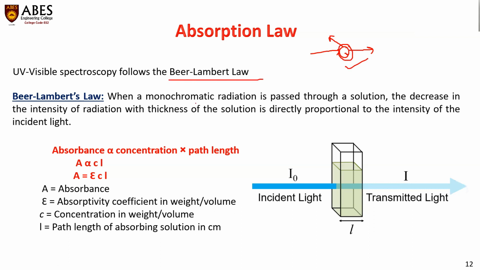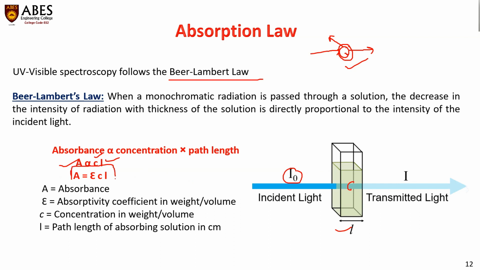According to this law, when a monochromatic radiation is passed through a sample, the decrease in the intensity of radiation is proportional to the thickness of the sample and the concentration of the sample. That means the absorbance is directly proportional to the concentration and the thickness of the sample.